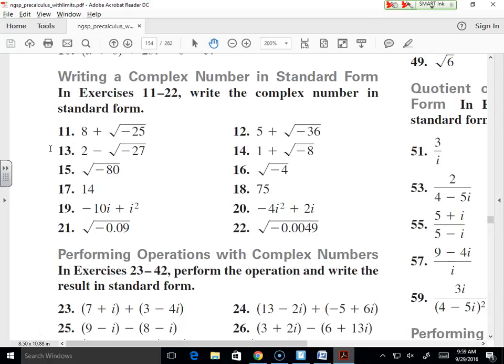So I could make this as 2 minus 3 root 3. Square root of 9, square root of 3, 9 and 3 make 27, square root of 9 is 3. But the negative, I have to deal with that. How do you guys deal with it? Put an i at the end and make sure it doesn't look under a square root. Does that kind of make sense? Or the 2 smaller ones?